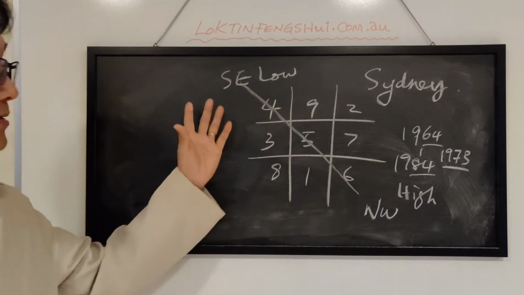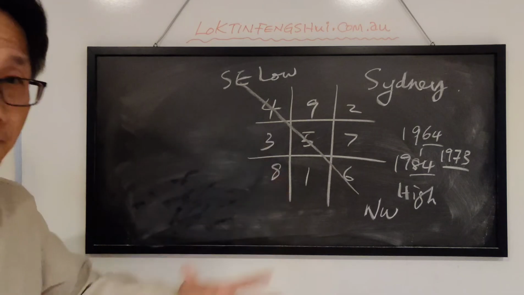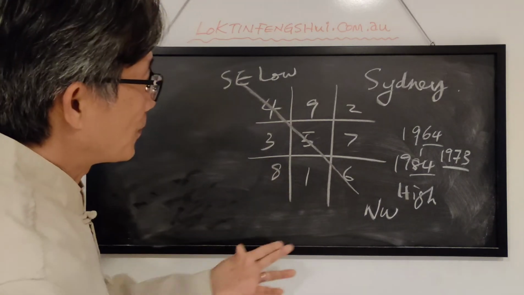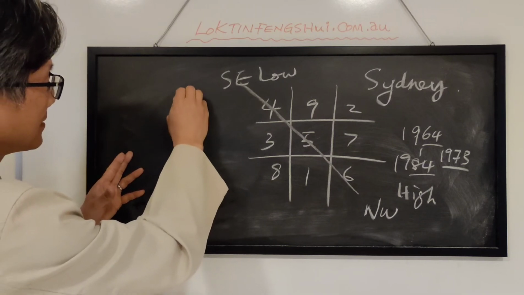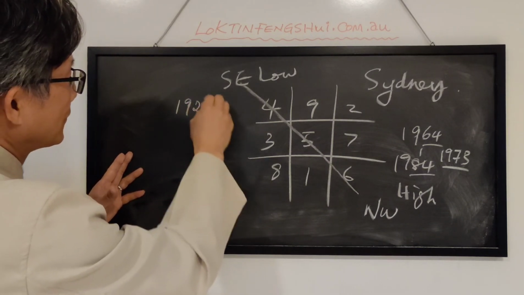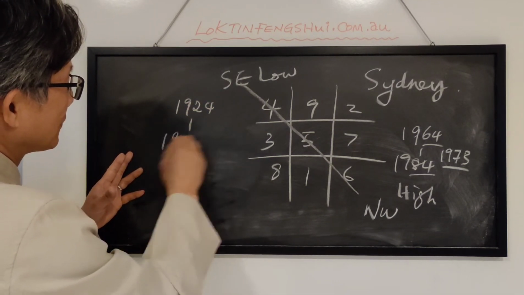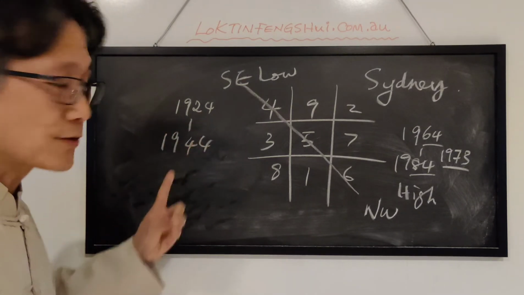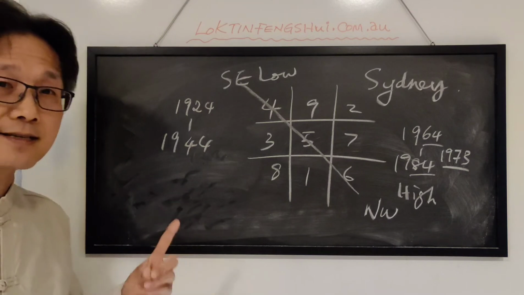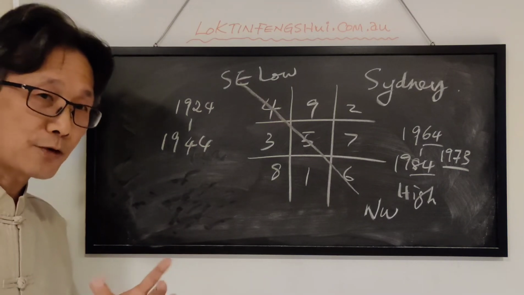And if you look back to period 4, that will be 1924 to 1944. In Sydney, they had the Great Depression.